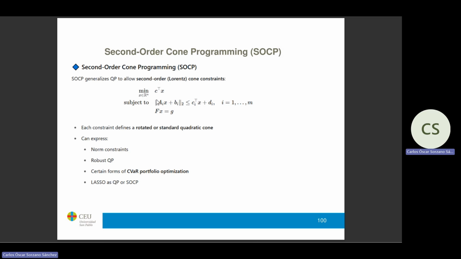So A defines the rotation, and the c here controls the aperture of the cone. Here you have a few problems in which this family appears: whenever you have a constraint that applies to the norm of your vector, or when you do quadratic programming in a robust way, in some special cases of portfolio optimization, in lasso, when it is formulated as a quadratic programming problem.